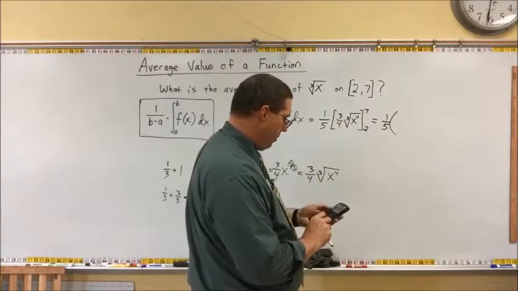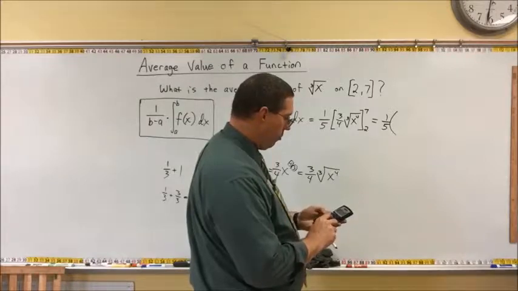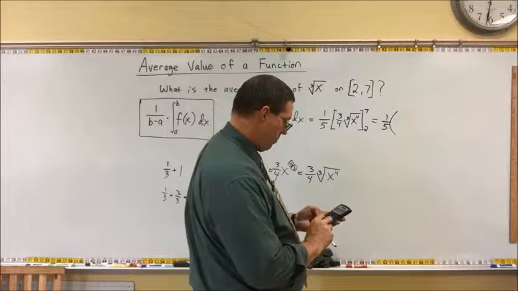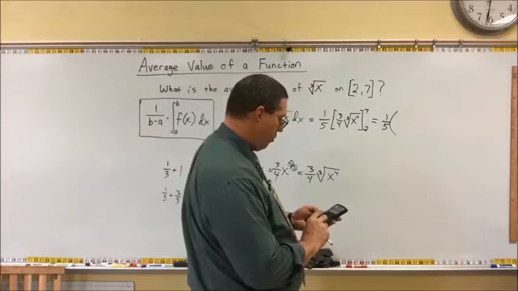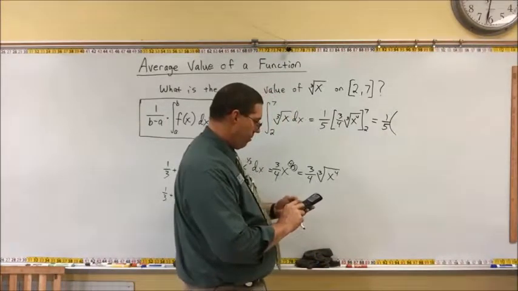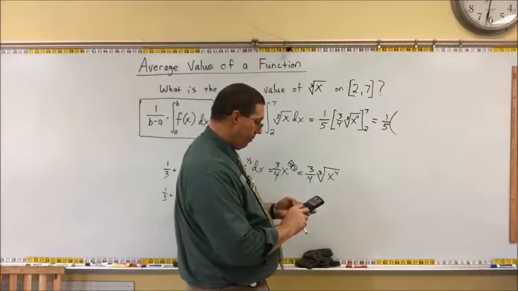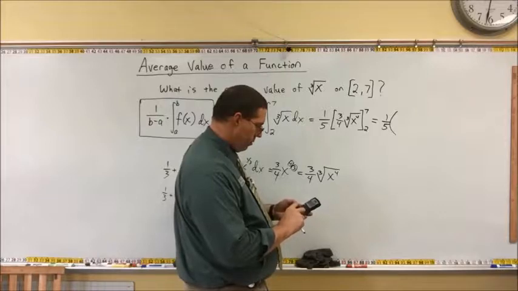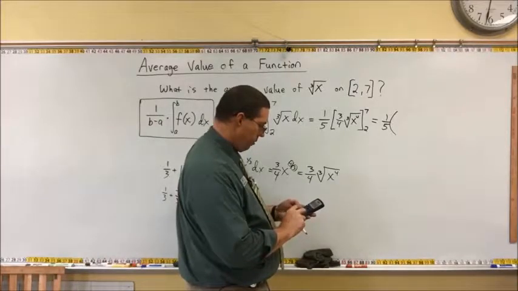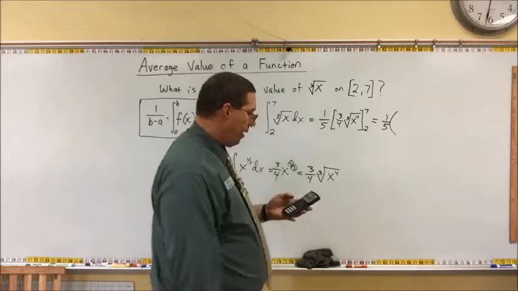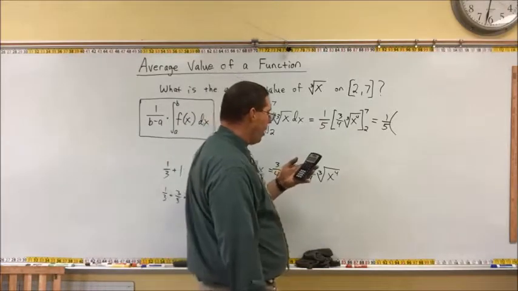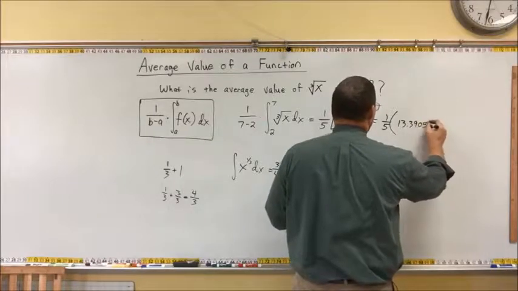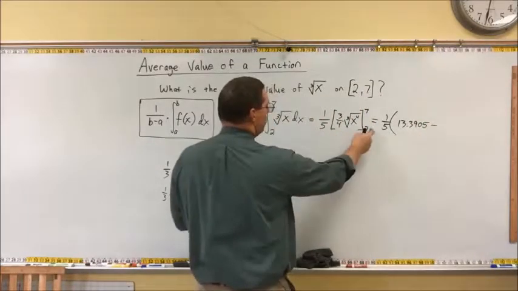So I'm going to do the cube root. My calculator will do cube roots. Let's see, cube root of 7 to the 4th power, and I get 13.3905 minus, now I got to plug the 2 in.